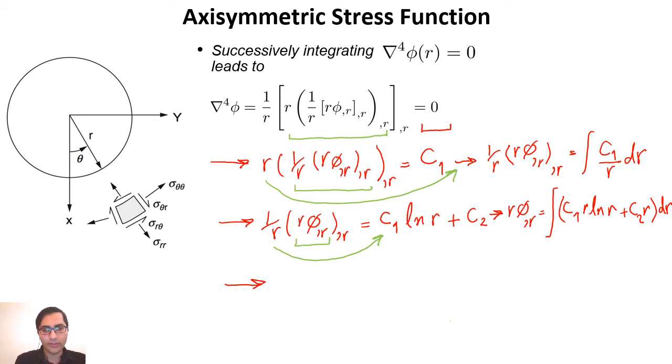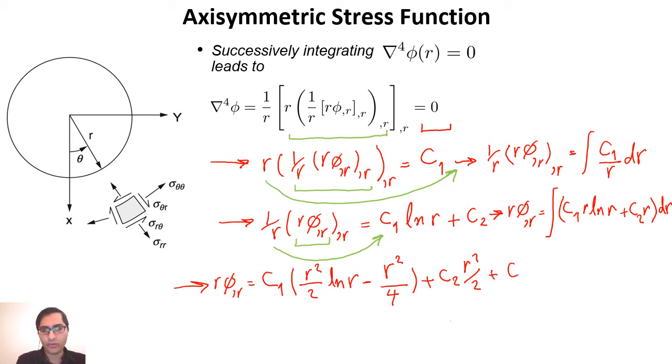Calculating that integral gives us rφ,r equal to c1, where r ln of r is basically r squared divided by 2 ln of r, minus r squared divided by 4, plus, for c2 r, the integral becomes c2 r squared divided by 2, plus a new constant c3.